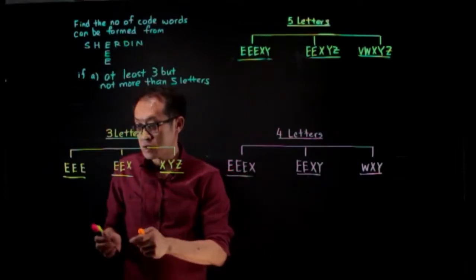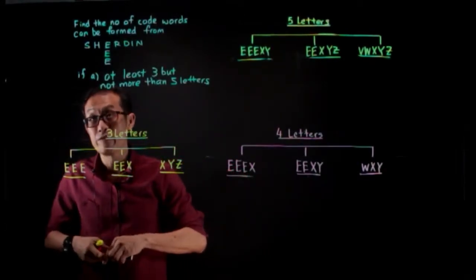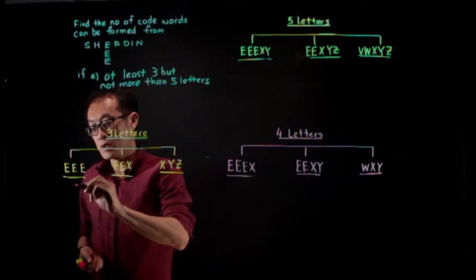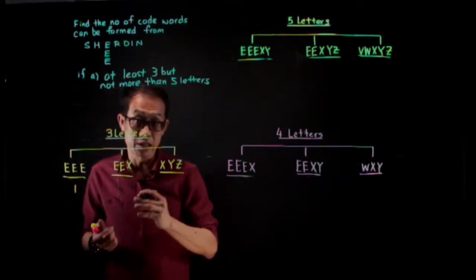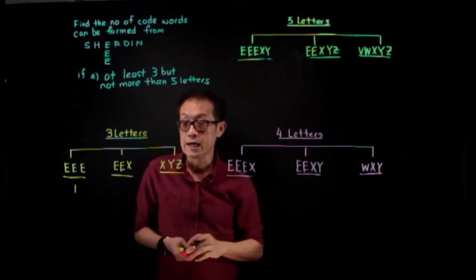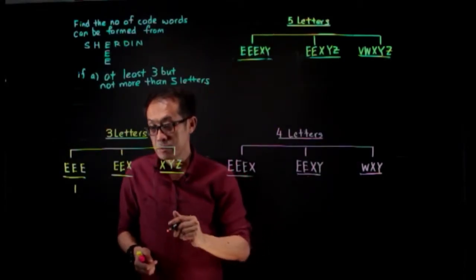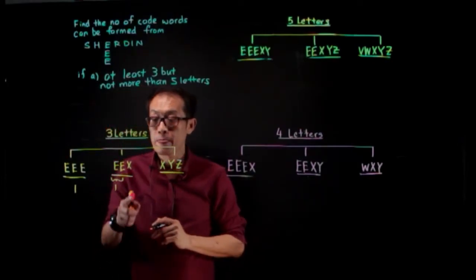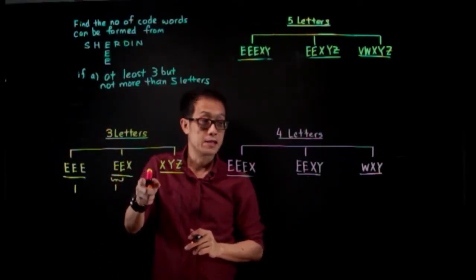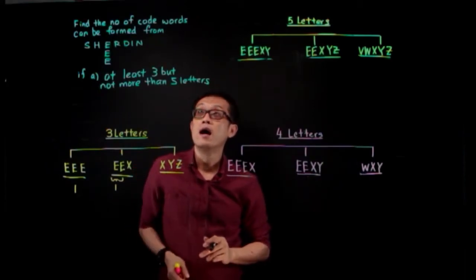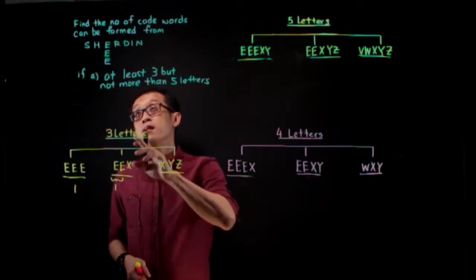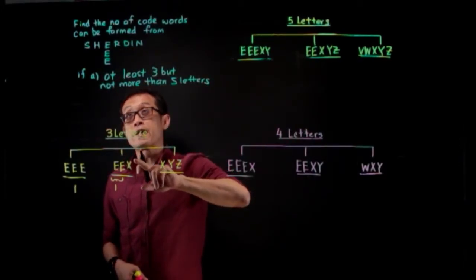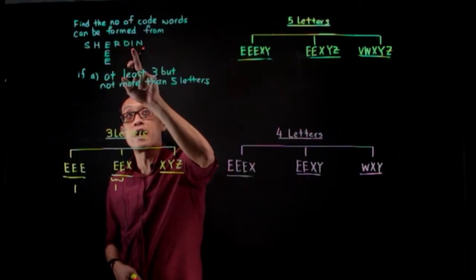How many words can you form with 3 E's if you are supposed to take the 3 E's from here? This one is very simple. You only have 1 because the E's are identical. How about the 2 E's? You have 1 way, and there's a different letter being used here. Now, how many possibilities are there to replace X with S, H, R, D, I, N?